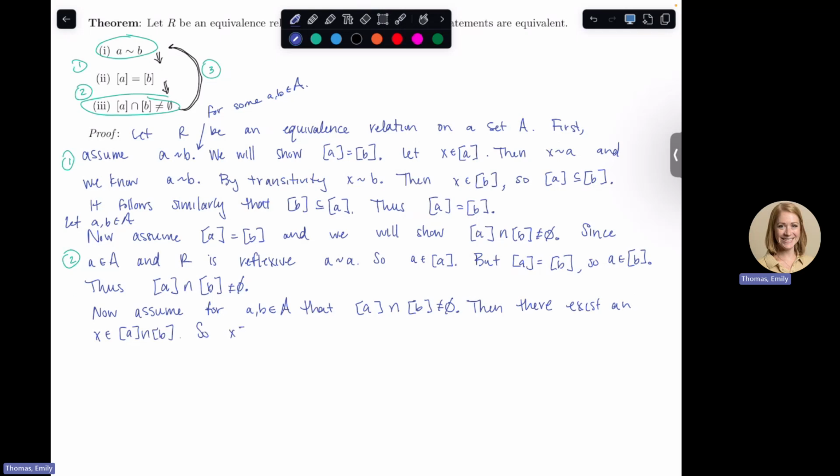So X is in the equivalence class of A, and X is in the equivalence class of B, because it's in that intersection, so it's in both. X is in [A] and X is in [B]. Thus, X is related to A and X is related to B. We're trying to show this up here, that A is related to B.